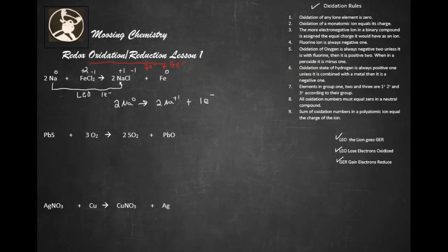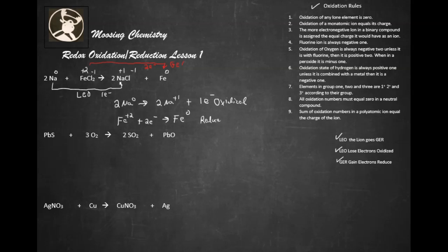Okay, our iron on the other hand is Fe +2, and it's going to gain 2 electrons. And that's going to give me Fe0. So this is going to reduce because it's gaining electrons. And this is going to oxidize because it's losing electrons. Okay, let's go to the next one.